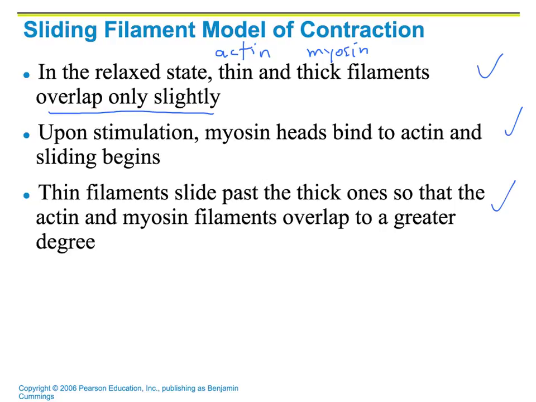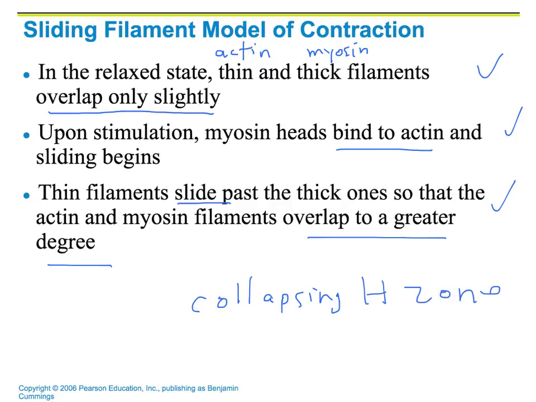When calcium is released from the SR and the myosin is permitted to bind to actin, and you get the ratcheting or sliding of the thin filament, that overlap increases, collapsing the H-zone, as we discussed. That's in the center of the A-band, in the center of the sarcomere.